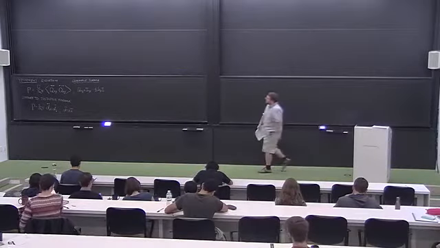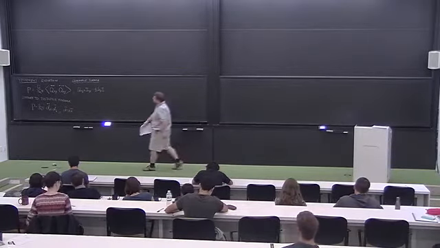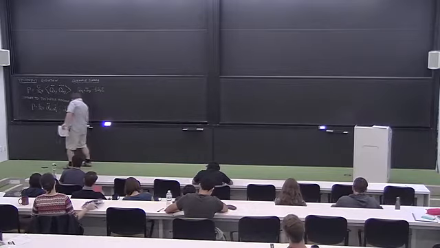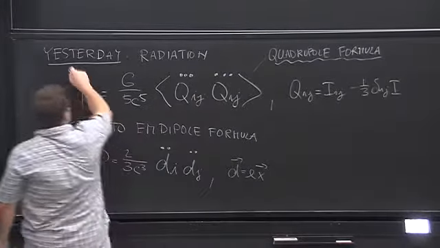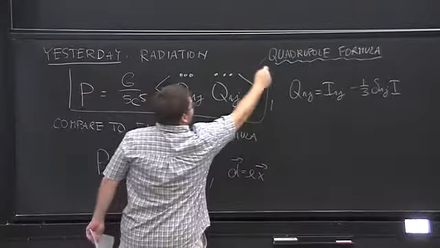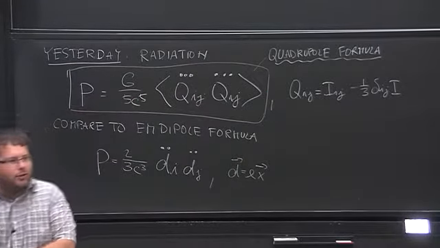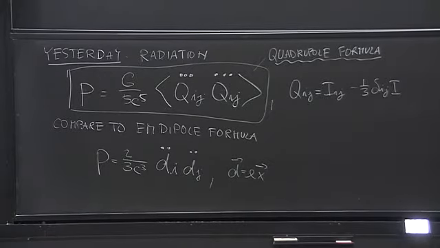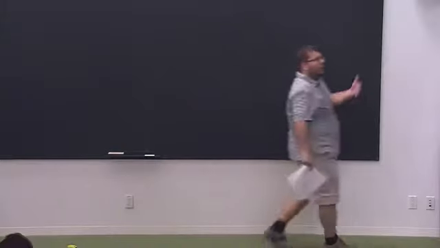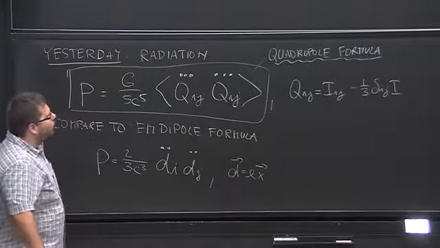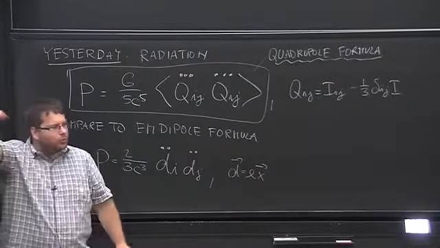Good morning. So just to briefly emphasize one of the most beautiful formulas. We derived yesterday, sort of, not really, that the power radiated by a system in gravitational waves is, well, the leading order is given by the quadrupole formula, and then of course you have higher poles as well.